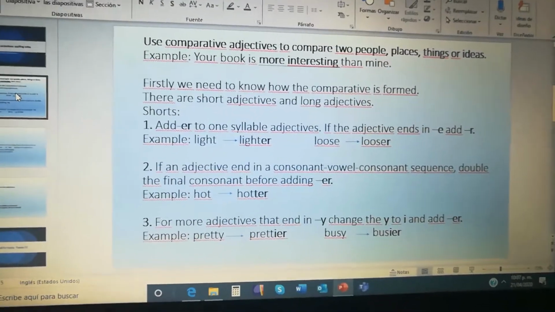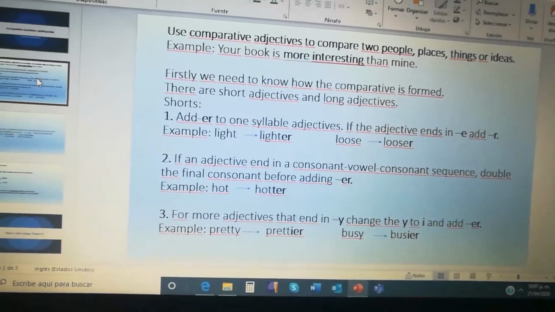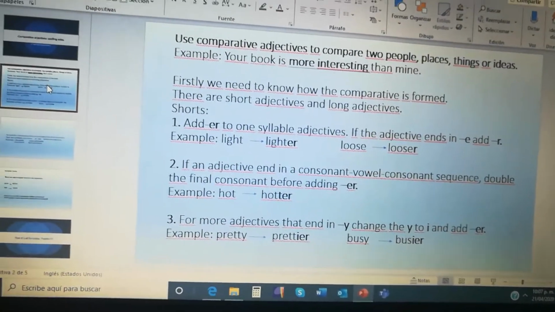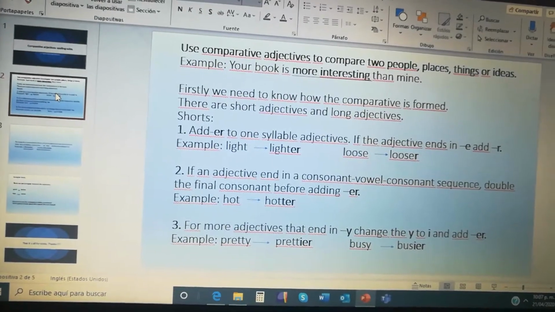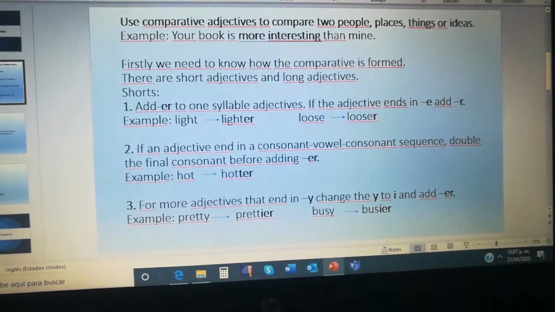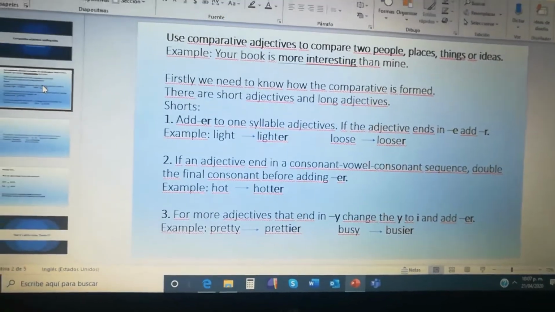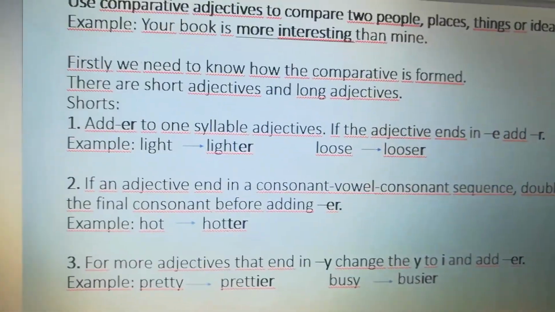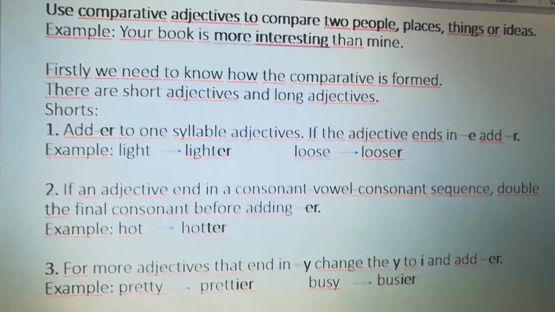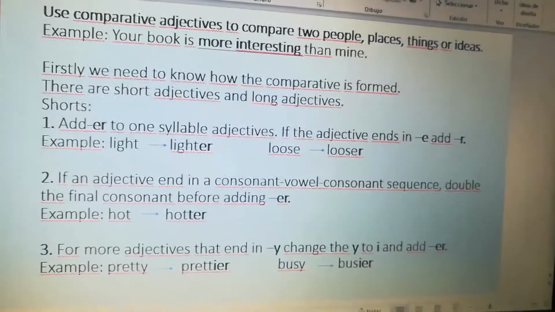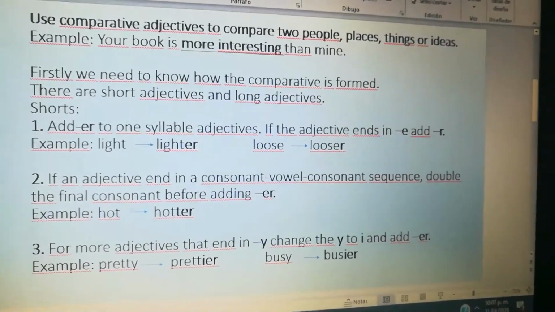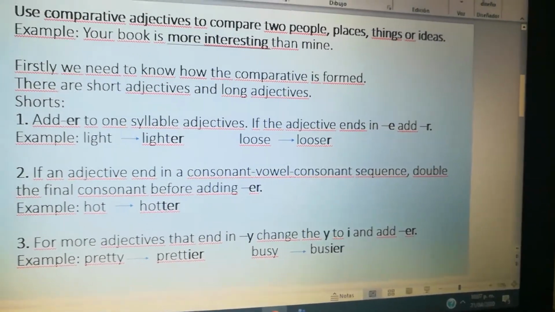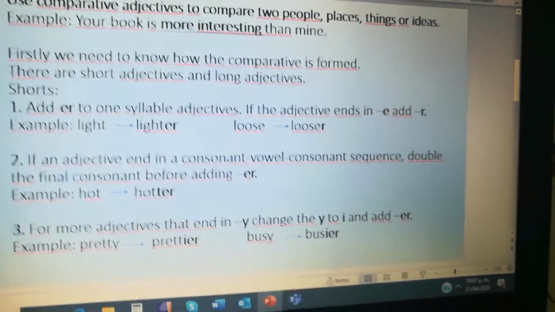Okay, first you need to know that you have short adjectives and long adjectives. When you have a short adjective, you need to add -er to one-syllable adjectives. If the adjective ends in e, you need to add only r.